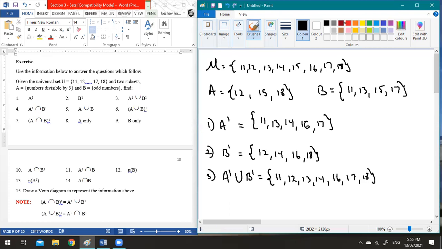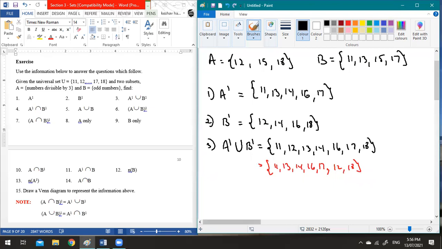It is also okay if you do this: 11, 13, 14, 16, 17, and you didn't use 12, so you put 12 here. You have 14 already, you have 16 already, and you have 18. It's also okay if you do that. But putting it in order is usually showing that you understand what you're doing.